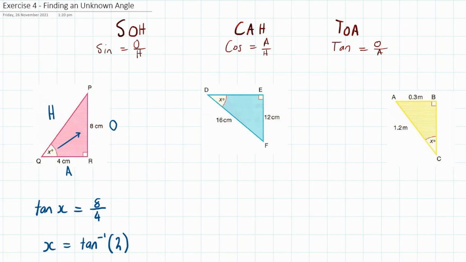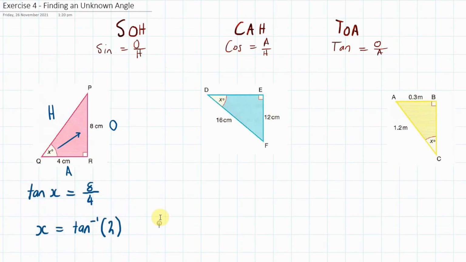Now how do we do this on the calculator? Okay, so listen very carefully. Pay attention at this point. So you write on your calculator shift, so you're going to use the shift key, and then the tan key. And when you do that, your calculator should display the word tan minus 1 open bracket.